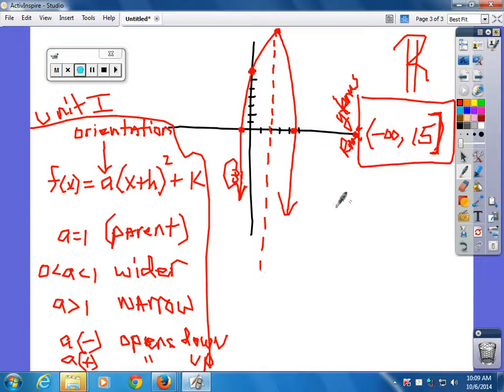Increasing from negative infinity to 2, and that's where I disagree with the book because they put parentheses here, and I still think it should be a bracket. And then from 2 to what? Infinity. It's what? Decreasing. Okay? The range. That is the only thing.